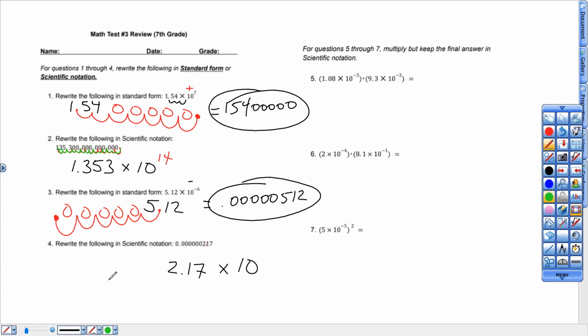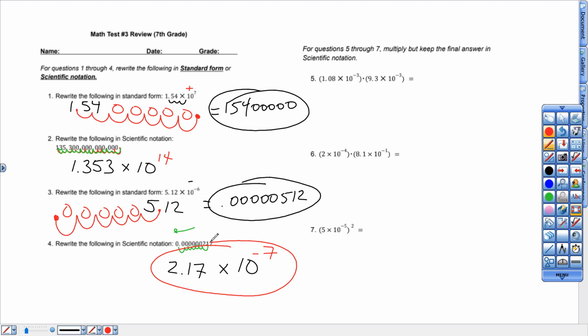It's going to be 1, 2, 3, 4, 5, 6, 7 to the left. So that makes that x to the negative 7 power. Yeah, because if you started here, 1, 2, 3, 4, 5, 6, 7. And you can see the only way you're going to miss those is if you're counting wrong or something.